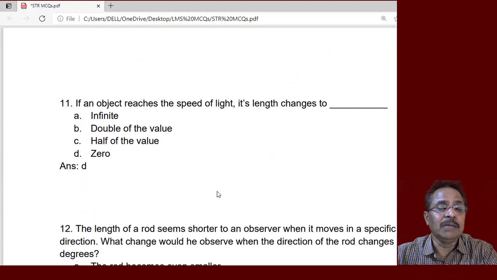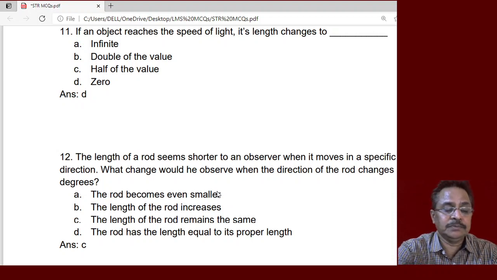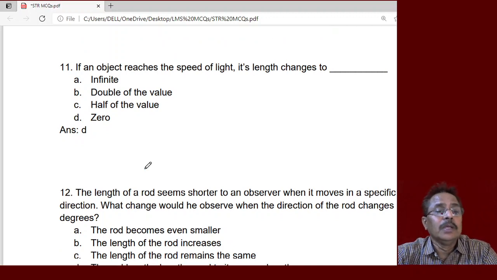Now question 11. If an object reaches the speed of light, its length changes to what?